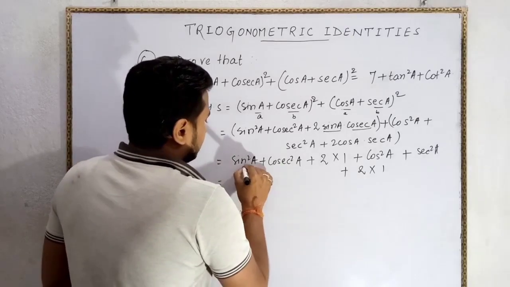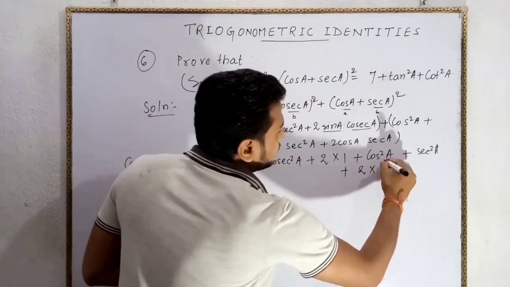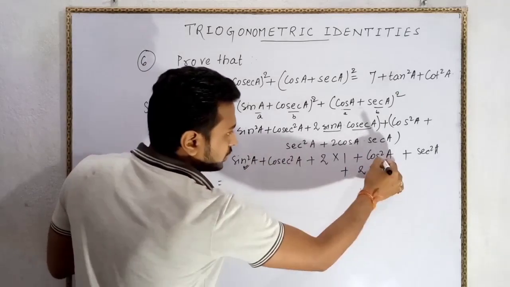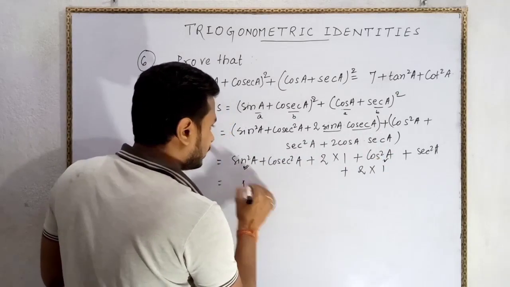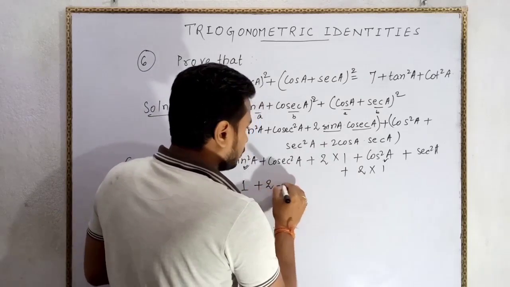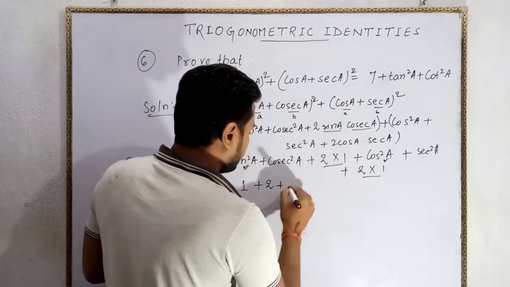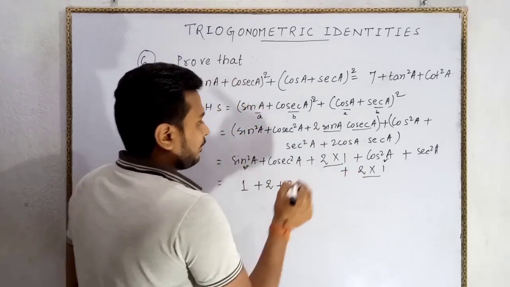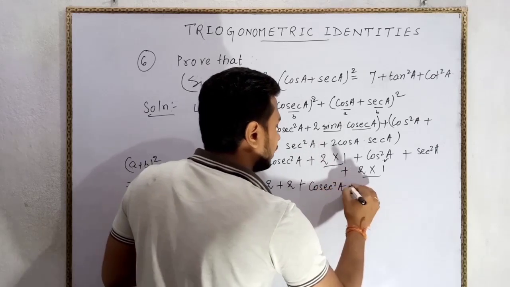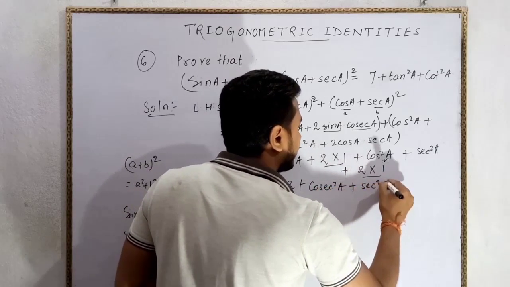Now sin square A plus cos square A is equal to 1, plus 2 into 1 is 2, plus 2 into 1 is 2. Rest is cosec square A plus sec square A.